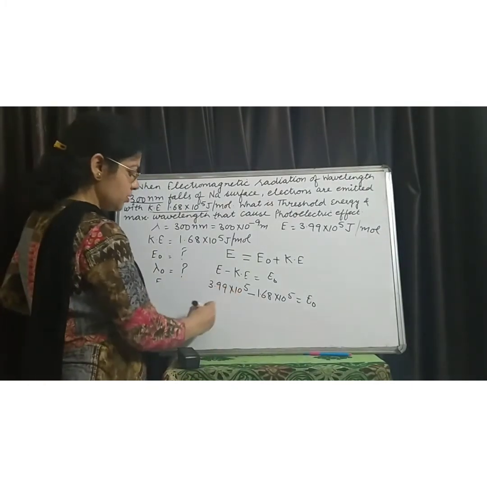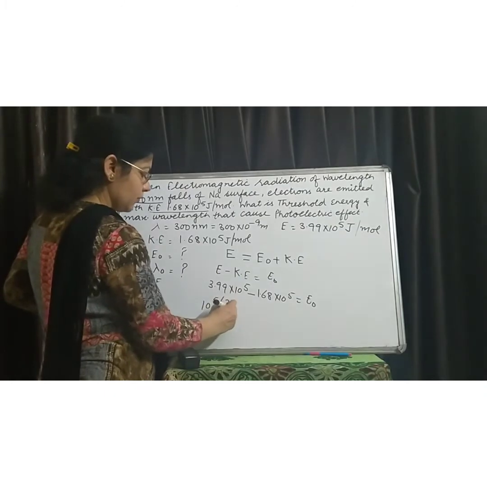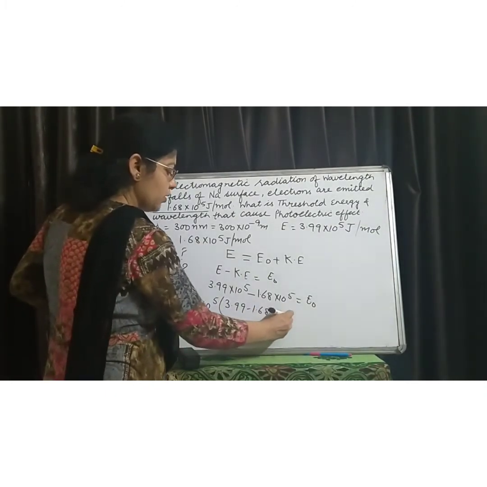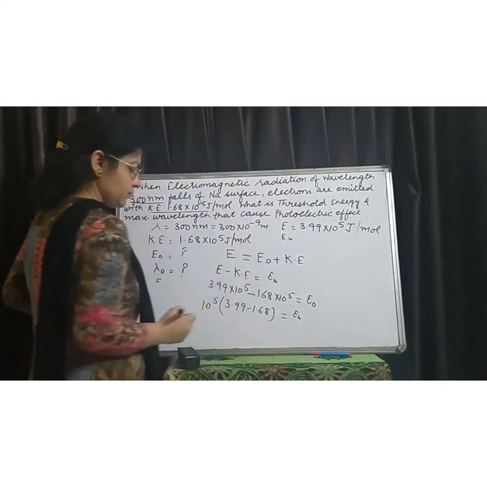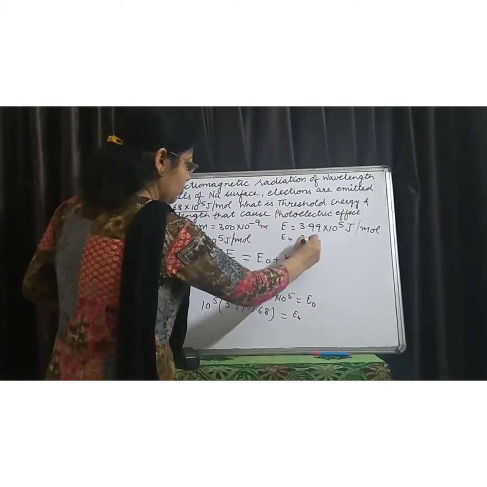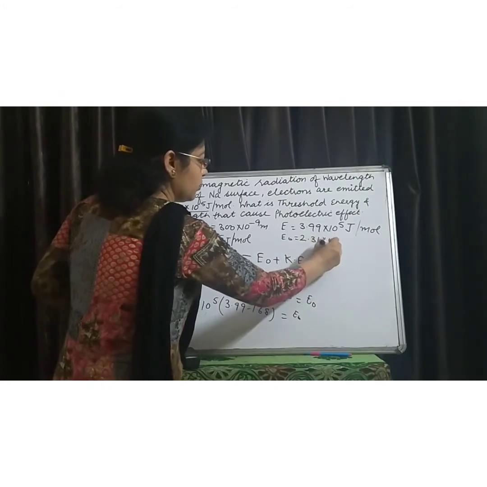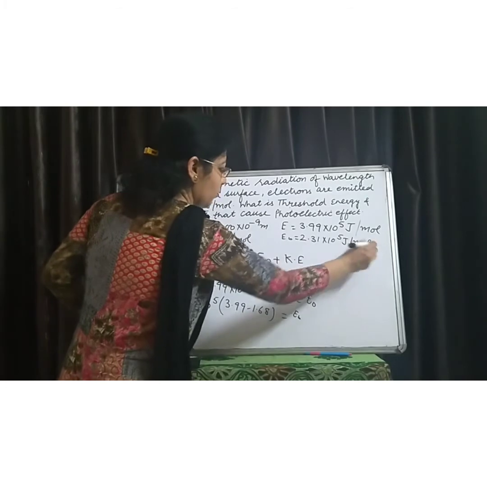When you solve this, you find the value of the threshold energy, which is equal to 2.31 × 10^5 joule per mole.